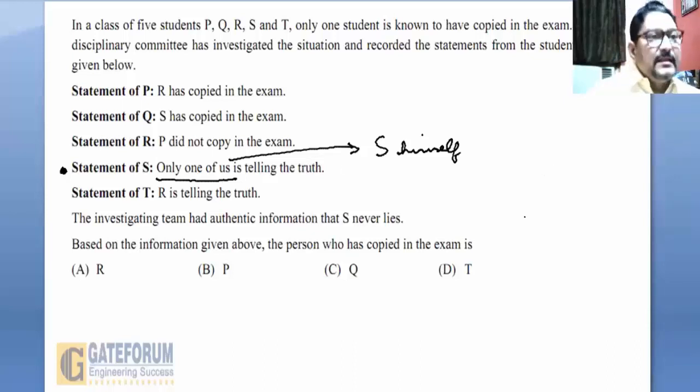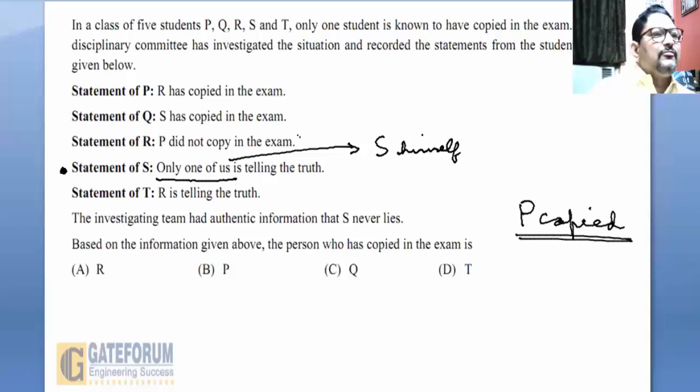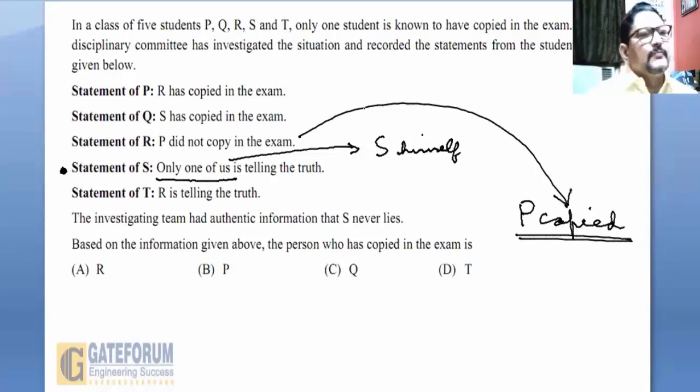P copied in the exam. The truth must be that P copied in the exam, because R always tells a lie, right? So our job is done. Based on the information given above, the person who has copied in the exam is P, right? I hope we have understood this.